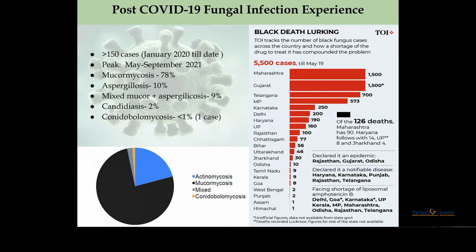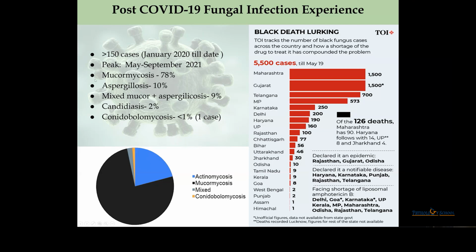I would like to share our post-COVID-19 fungal infection experience at our institute. While India was going through the mucormycosis pandemic, Maharashtra was at the top of the list. In Maharashtra, Mumbai was at the top in presenting mucormycosis cases and the death rate.